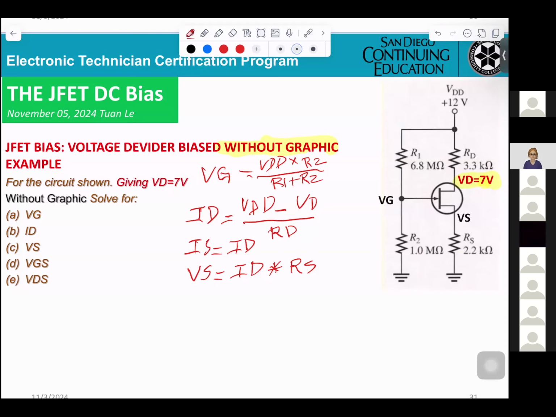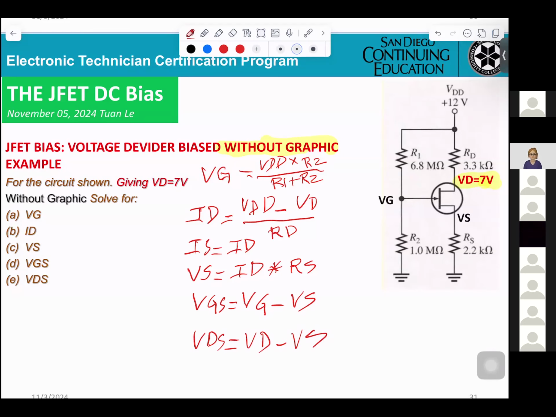So if you know VG and you already know VS, then VGS equal VG minus VS. And the last one, VDS, equal VD minus VS. You see, that's a very simple, much easier calculation.